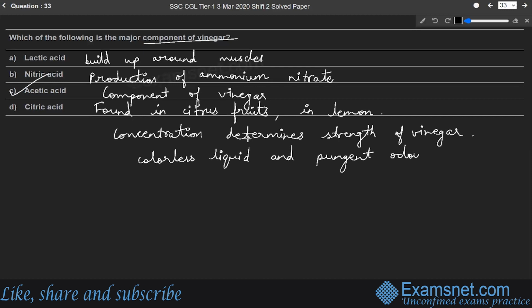Odor means smell. So it has a pungent and strong smell. Acetic acid is widely used in the food industry as vinegar and it is also used as an acidity regulator. That is why it is a major component of vinegar. So for this question, the correct option is option C, which is acetic acid. I hope you are clear with this question.